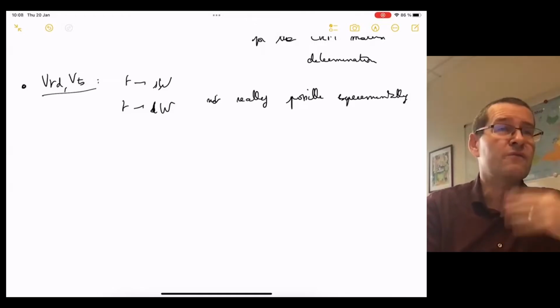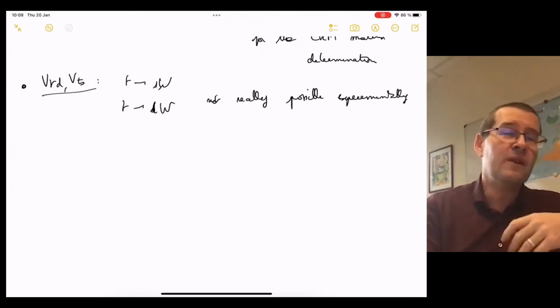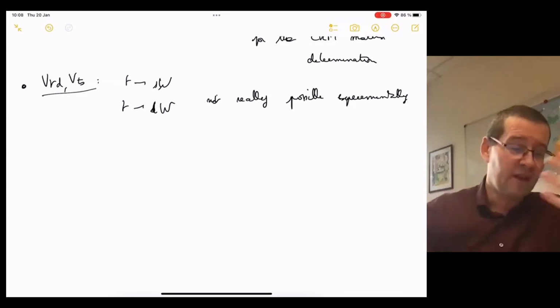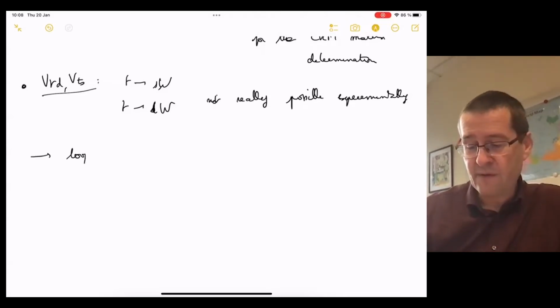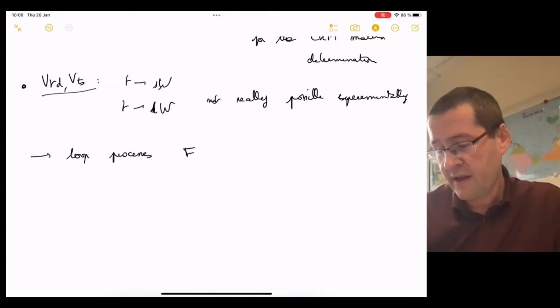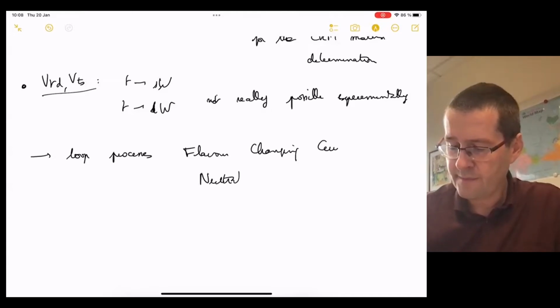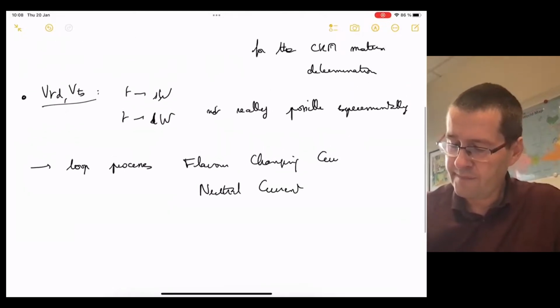The idea is to do the reverse: to start from external states that have an s or a d, and then to have the t inside the process as a loop. And so you come back to the question of looking at loop processes, and typically flavor changing neutral current processes.